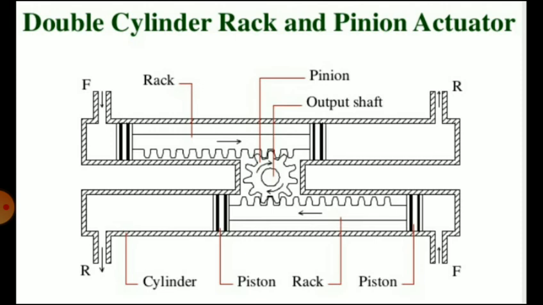The two single acting cylinders along with rack and pinion are enclosed in a casing with only the shaft protruding out. Rotary motion is possible in both clockwise and anti-clockwise direction.